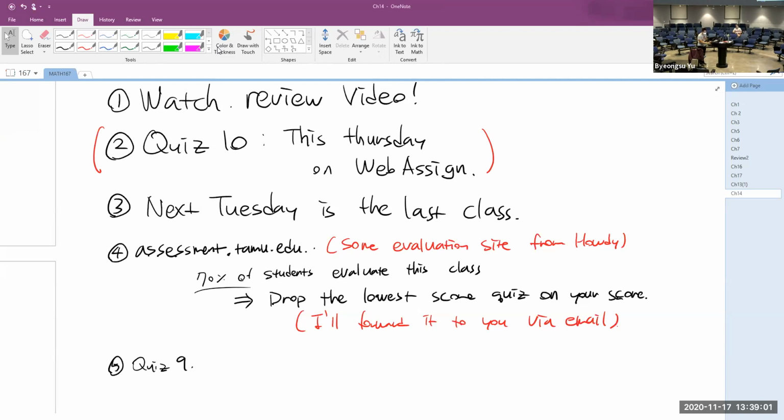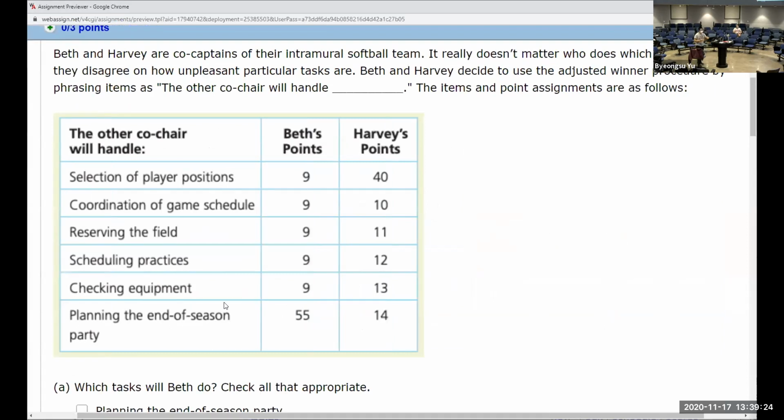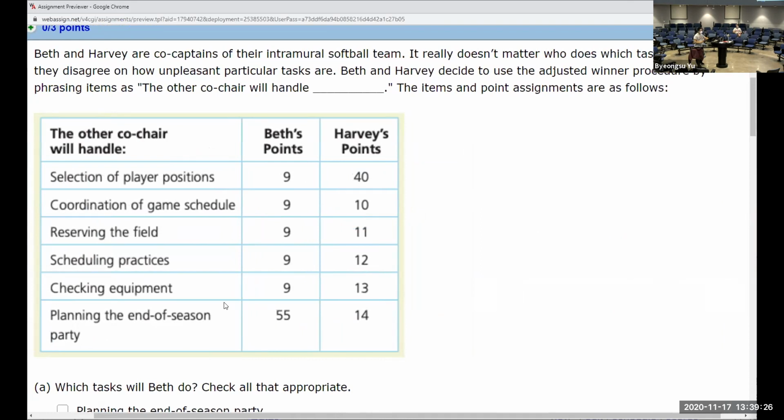Okay, so that's the quiz 9, problem 1. Beth and Harvey are co-captains in some software team, and it really doesn't matter who does which task, but they disagree on how unpleasant particular tasks are.